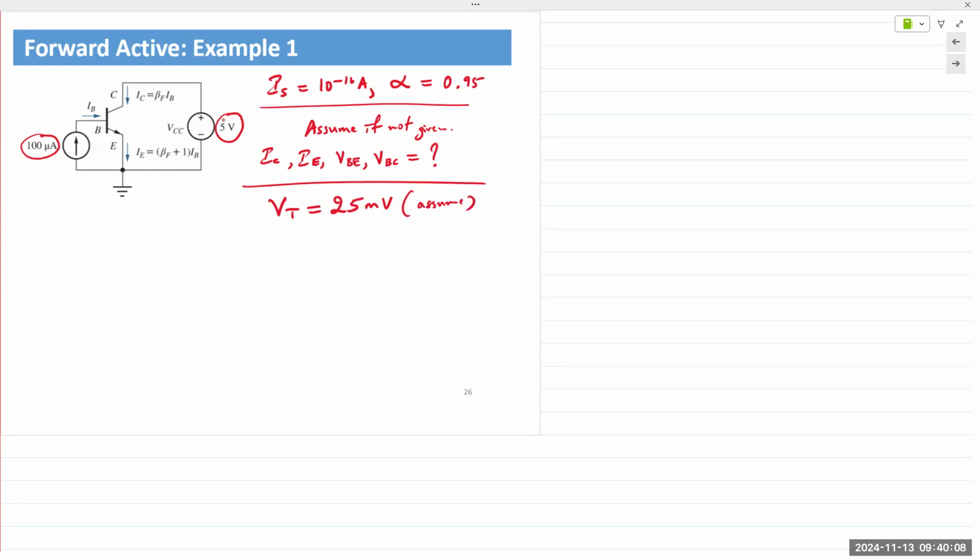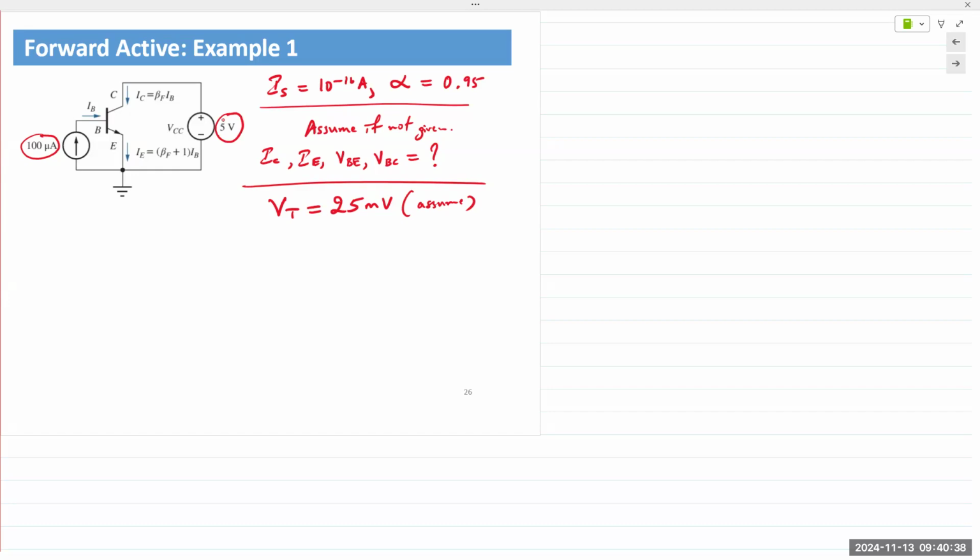All right. Let's look at the input side. On the input side, we have a current source, 100 microamps, that is going into the NPN transistor. So current is flowing from the base to the emitter. So it's forward biasing the base emitter junction. Since it's forward biasing the base emitter junction, there are only two choices.